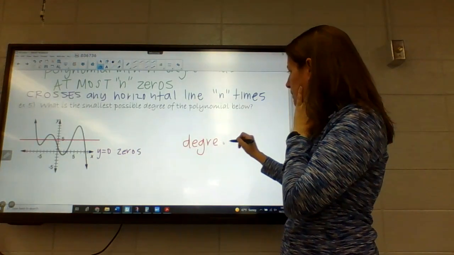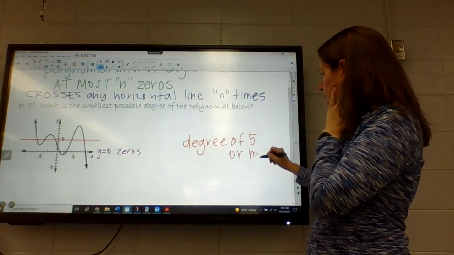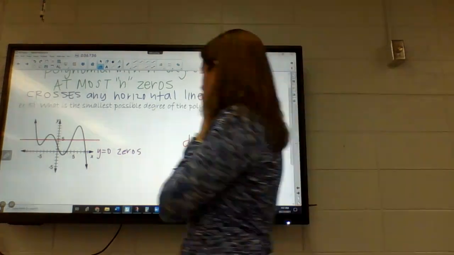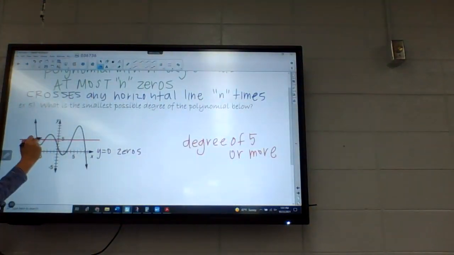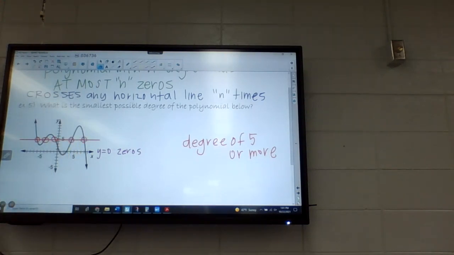Wait, why is it different? Shouldn't it be the highest? Didn't you just say that it can be 3 but have 2 zeros? Yeah, not for those. So this one only has 3 zeros, but it hits that line 5 times.